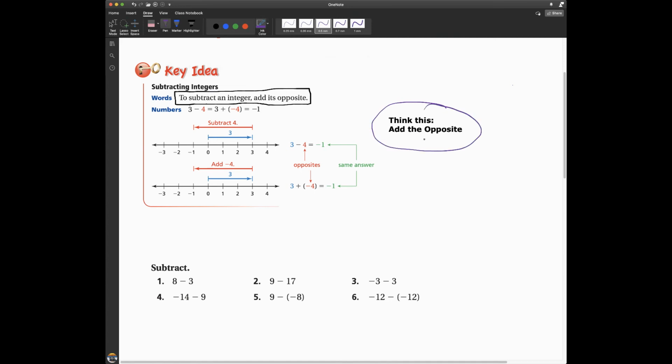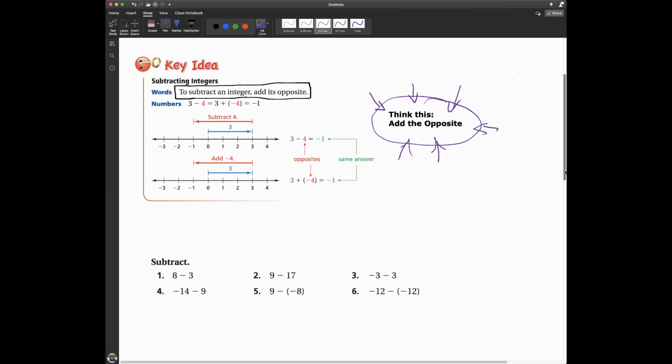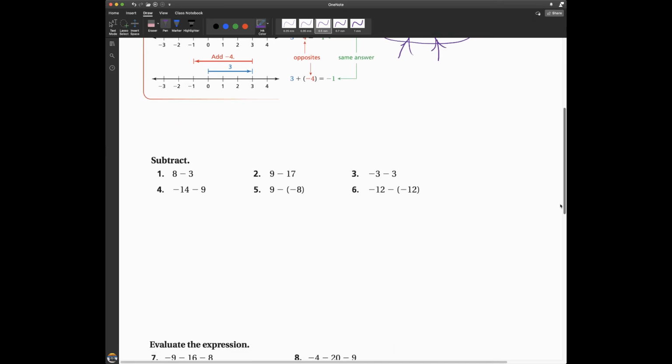When I am thinking about subtracting integers, I want to add the opposite. You can say it like that if you want, or just say it in a normal voice. But that's the main idea right here. Add the opposite. Make sure you do that. Turn your subtraction problem into an addition problem, and then you can solve it using the addition song, the integer song.